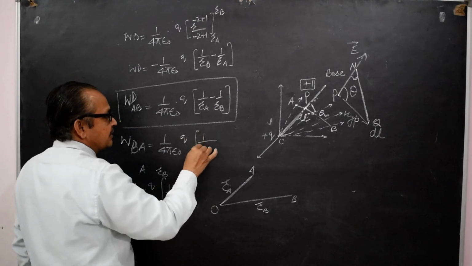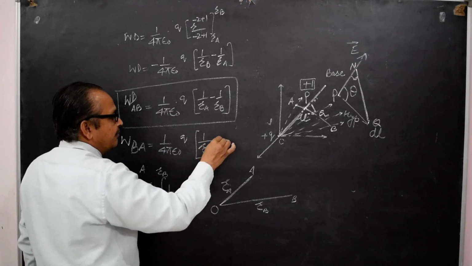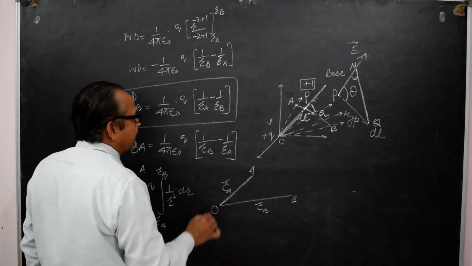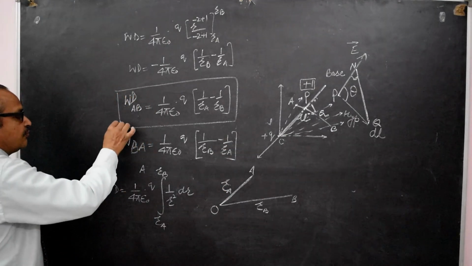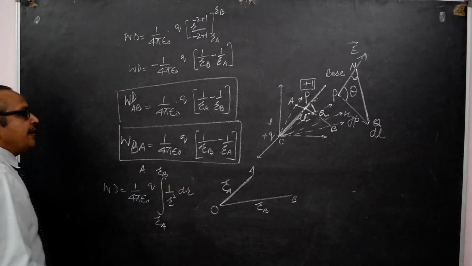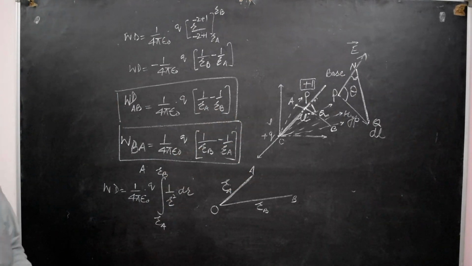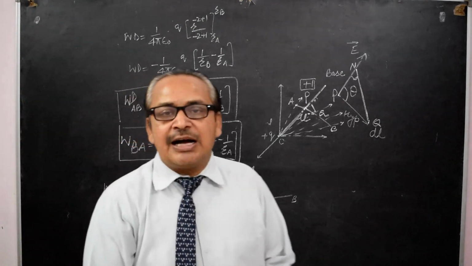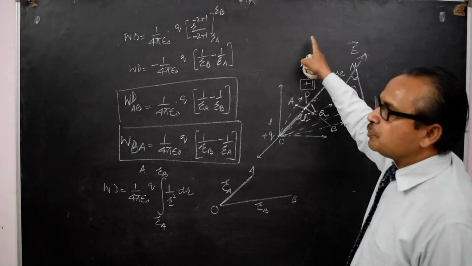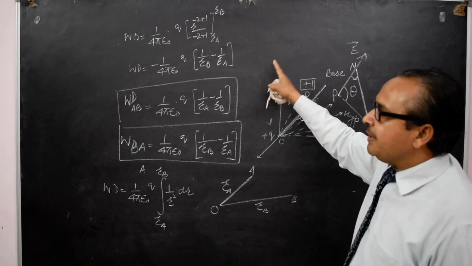That means 1 over RB minus 1 over RA. Shabash. So this is what is going to happen if you have to find the work done in moving a charged particle from position 1 to position 2: it is 1 minus 2.